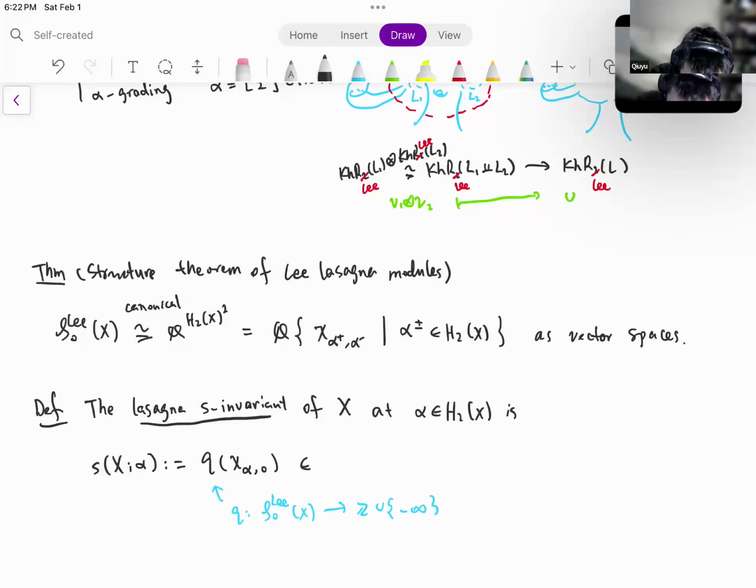As a consequence, the lasagna s-invariant takes values in Z, but possibly also negative infinity. And as a matter of fact, when the lasagna s-invariant is negative infinity, we will regard this as a vanishing result for the s-invariant.